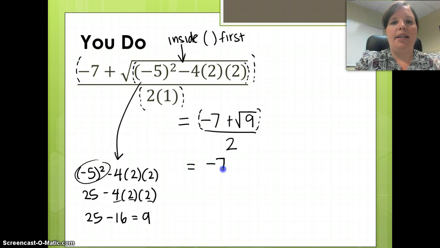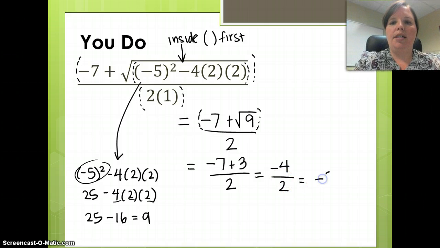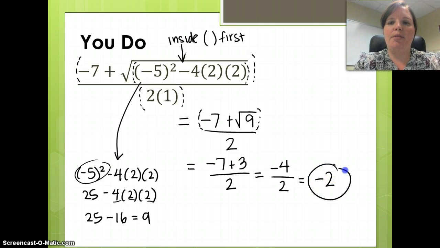I need to take negative 7 plus, and then the next step was exponents or roots. So take the square root of 9, which is 3. Now I can add my numerator. Negative 7 plus 3 is negative 4, divided by 2. And now I can do the division. This is what I was talking about on the other problem. And the answer is negative 2.